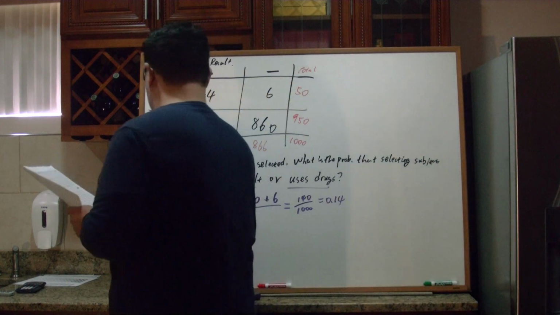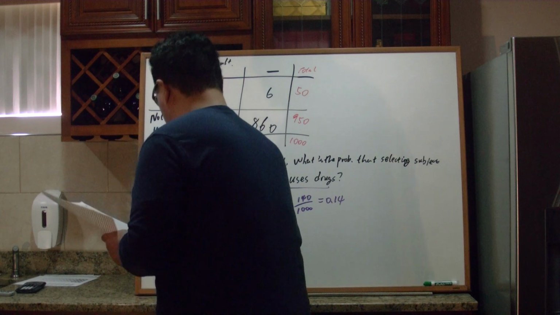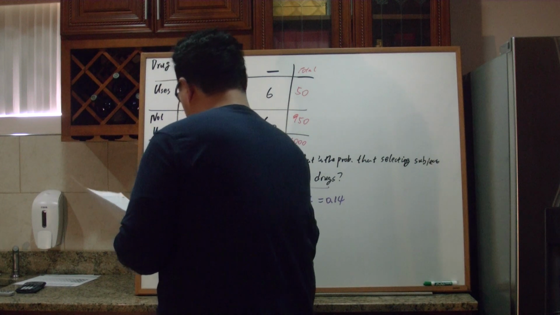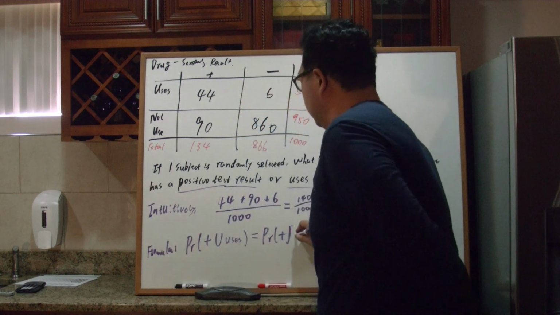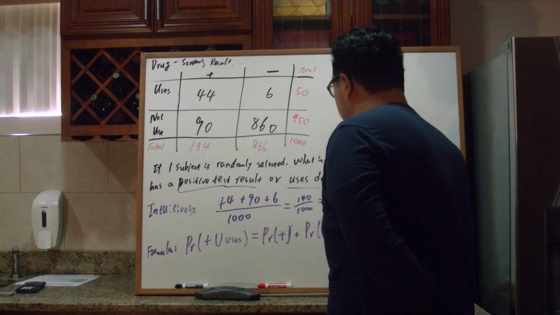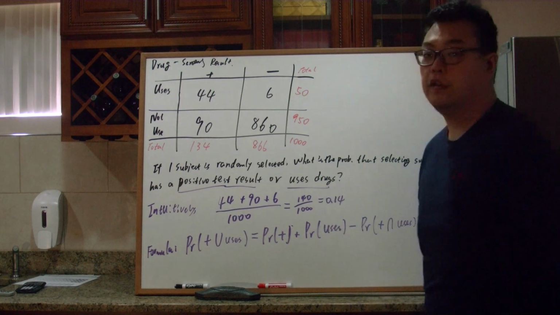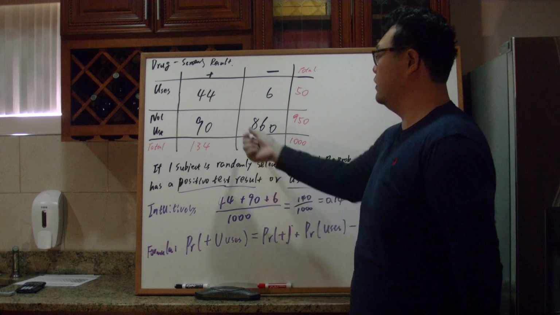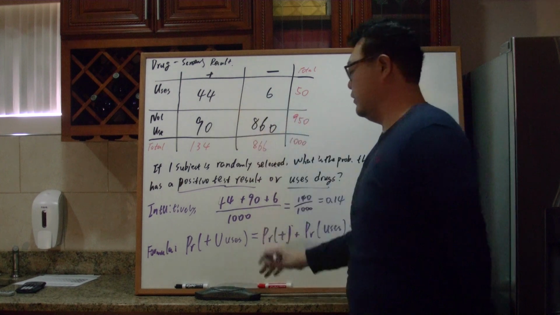If we want to use the formula, the probability of positive test result or uses drugs is the probability of positive test result plus the probability of those who use drugs minus the intersection of positive and uses drugs. That follows into 2 conditions, right? Positive result or uses drugs minus the intersection.